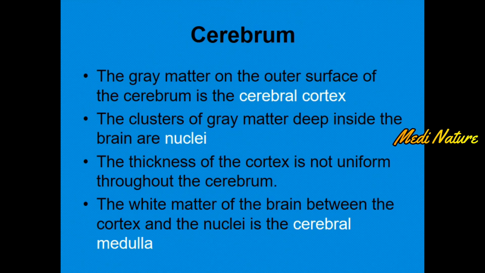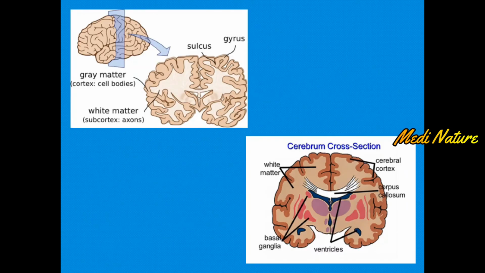The white matter of the brain, which lies between the cortex and the nuclei, is called cerebral medulla. These images will give you the idea how this gray matter and white matter are arranged in the brain. So you can see the outer cortex and the inner medulla as well as the basal ganglia, which are the nuclei of the brain.